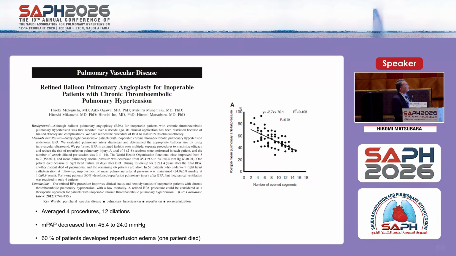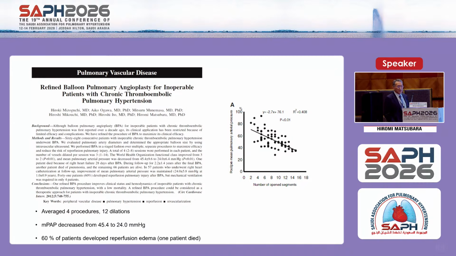We reported the outcome of our initial experience in 2012. At that time, we treated 68 patients with an average of 4 procedures, and in each patient, 12 regions were dilated. As a result, mean pulmonary artery pressure decreased from 45 to 24, but 60% of patients developed complications at that time.